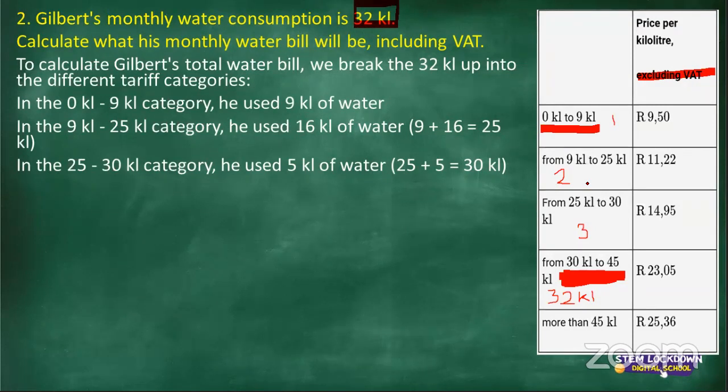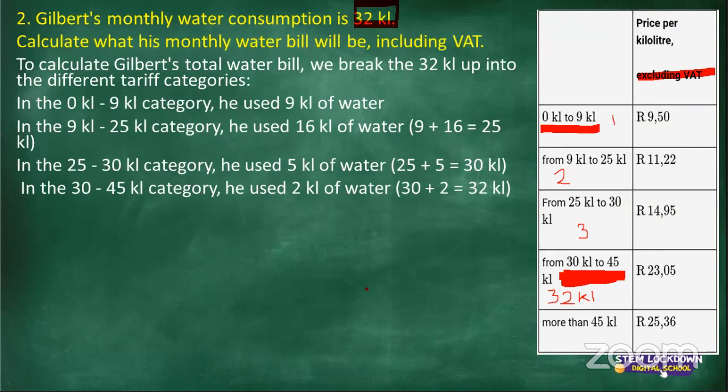In the same way, it's only possible to use a maximum of 16 kiloliters in the second category. And then, fourthly, in the fourth category, which is the 30 to 45 kiloliters, he has used 2 kiloliters of water. What determines that?